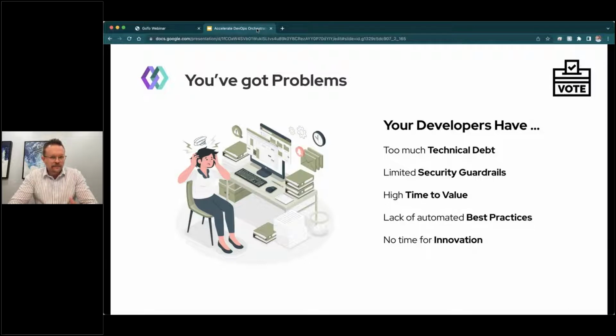Best practices often get overlooked. We have an internal process that we need to meet, but then we forget to go back and look at what was the intent of the industry best practice for this development framework or this type of web application. And because of all of this, there's usually a lack of time for the innovation side of the house. So what's the next thing within your organization?